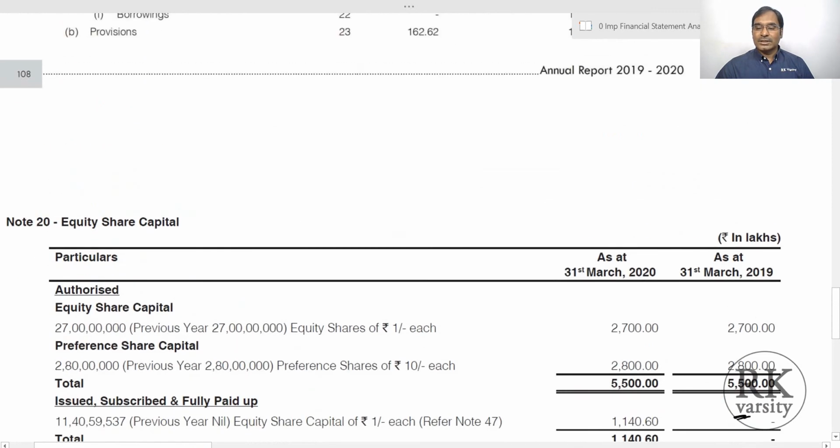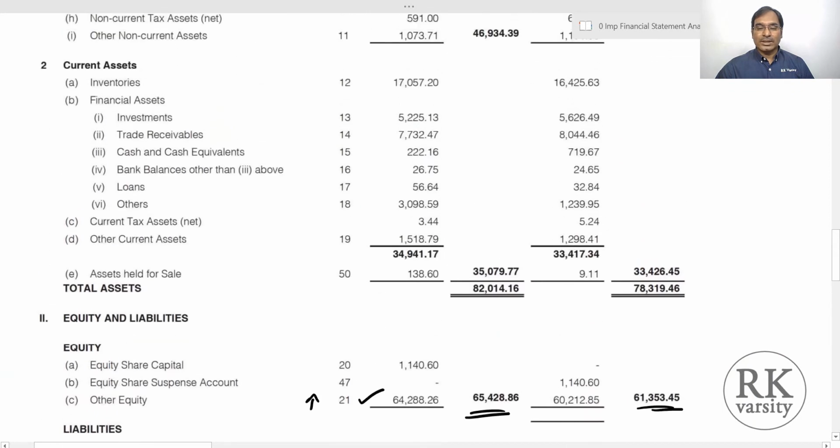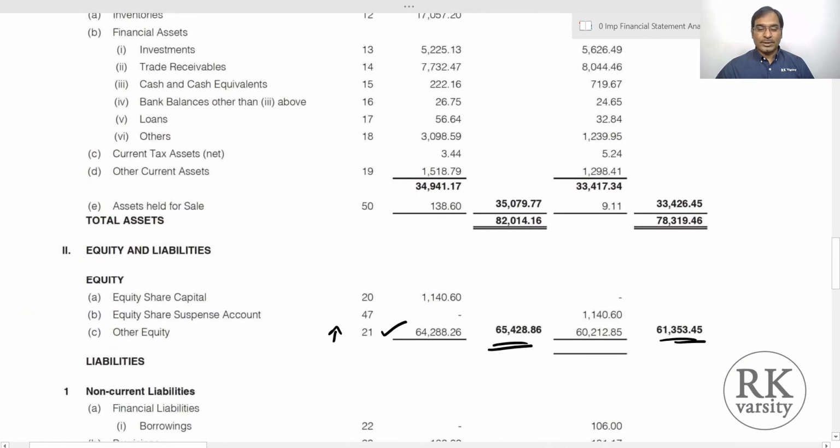Now using these values, we can calculate the equity share capital. So here in the previous year there is no equity at all for this company. This clearly indicates that the company went for a public issue during 2019, and which was actually considered as equity in 2020 only.